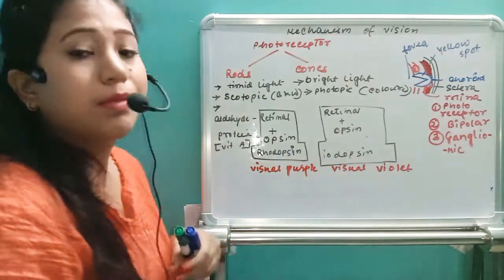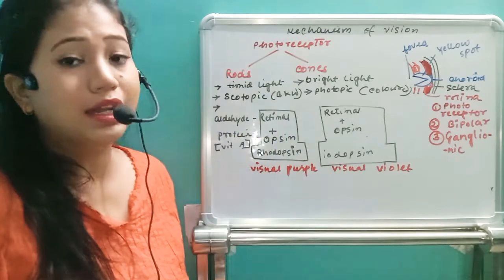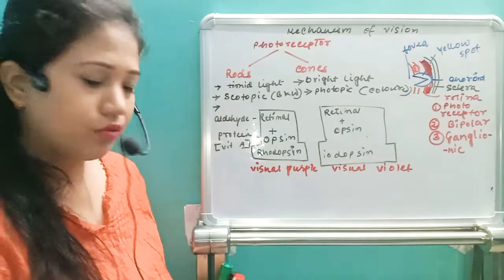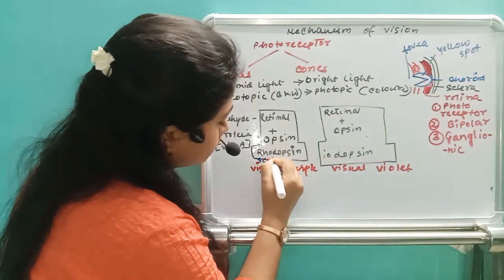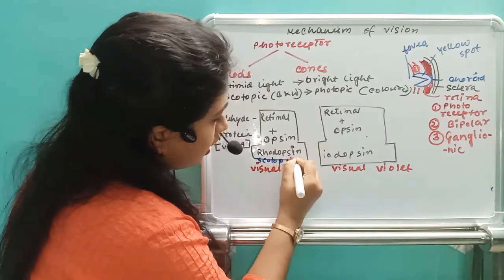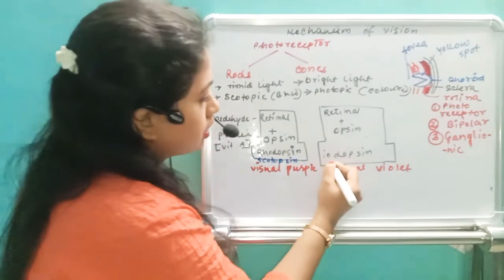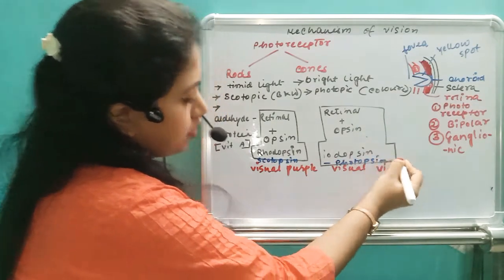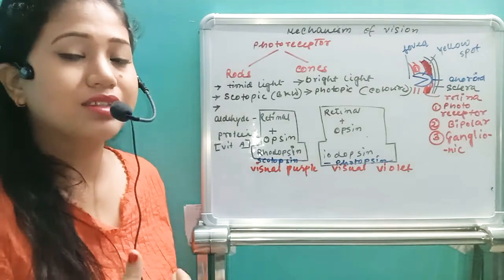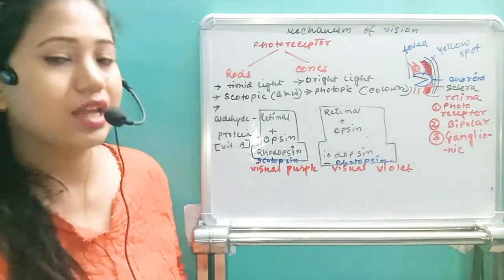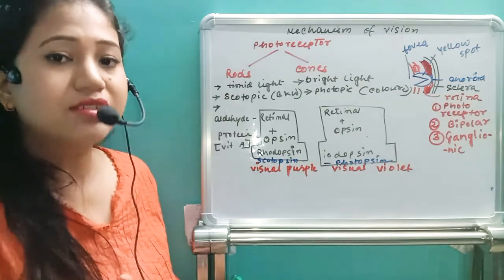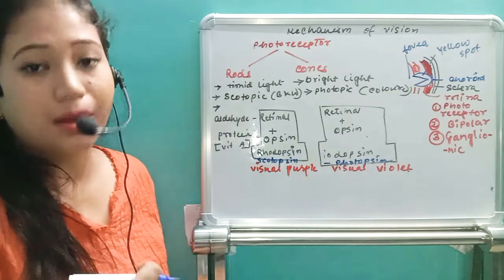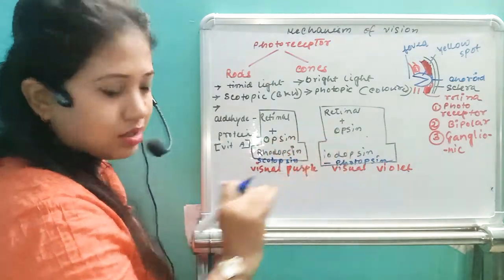Remember, this aldehyde and the processed vitamin A are also called scotopsin. And here this opsin and retinal form the photopsin. Some conformational changes occur, and that's how we can see different changes, whenever we close our eyes and whenever we see light. So this is just the structure.